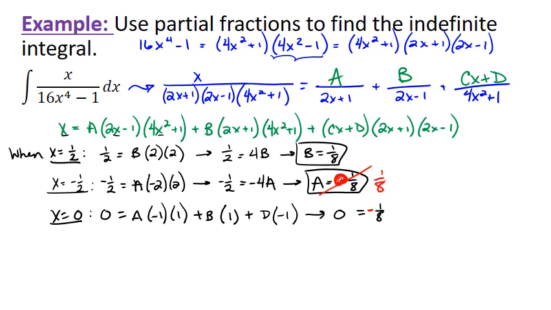So this is a -1/8 plus 1/8. I apologize, right here, minus d. So these cancel out, so we find that d is equal to 0. Sorry for the error. A negative divided by a negative is positive.